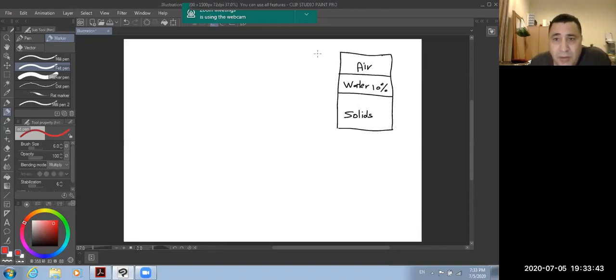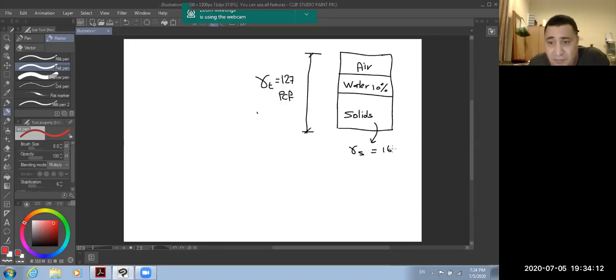The total gamma for the total sample is equal to 127 pounds per cubic foot, and the gamma solid is equal to 165.4 pounds per cubic foot.